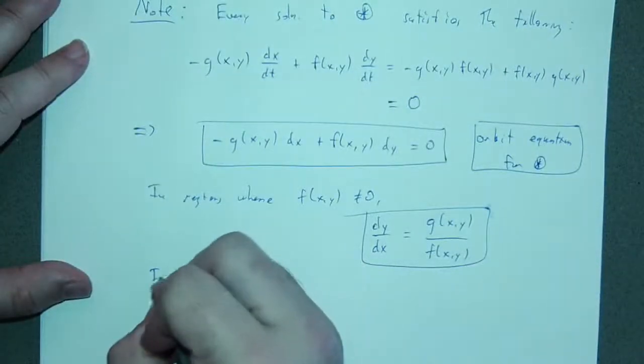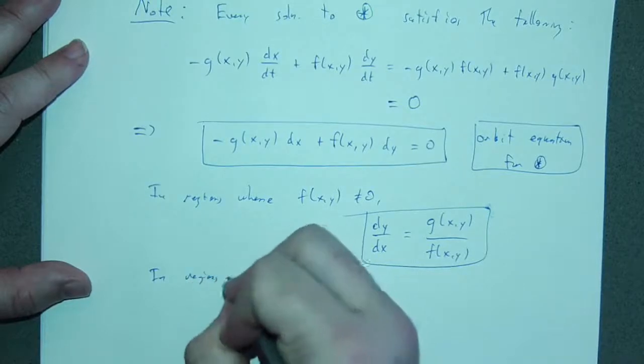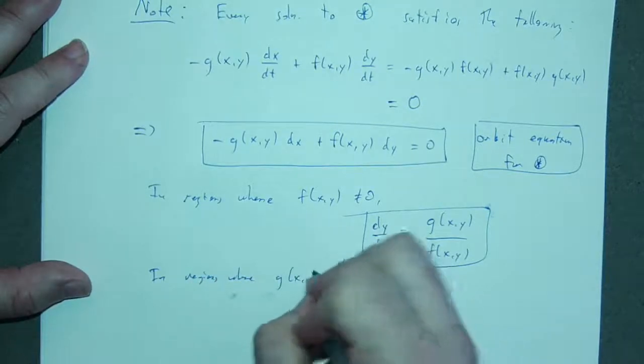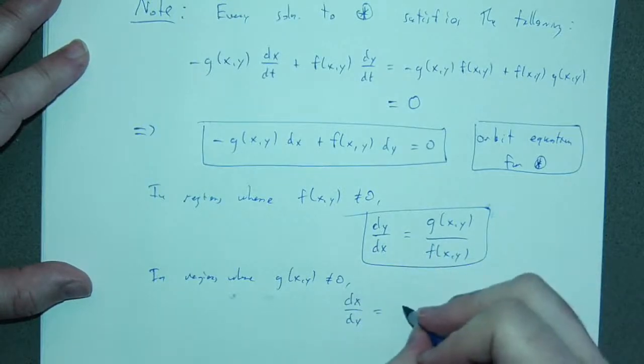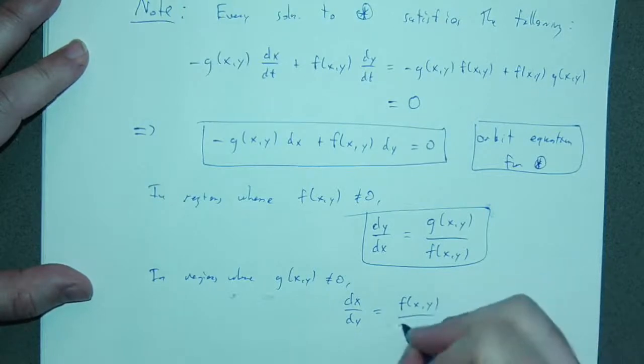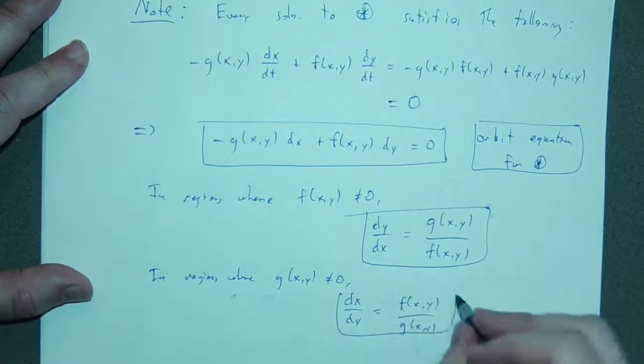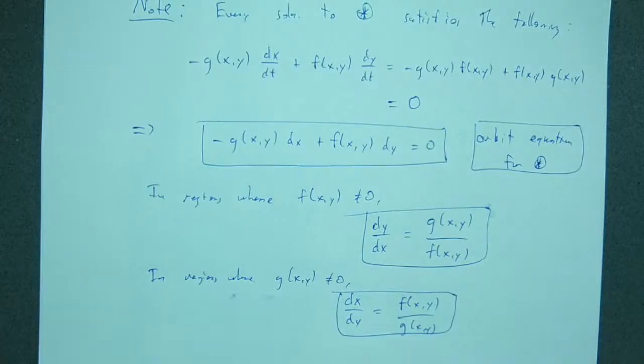And in regions where g is not 0, I could recast this as dx dy is equal to f over g. This is another way of recasting these two equations. So this describes a relationship between x and y here that brings us back to chapter 1 stuff.